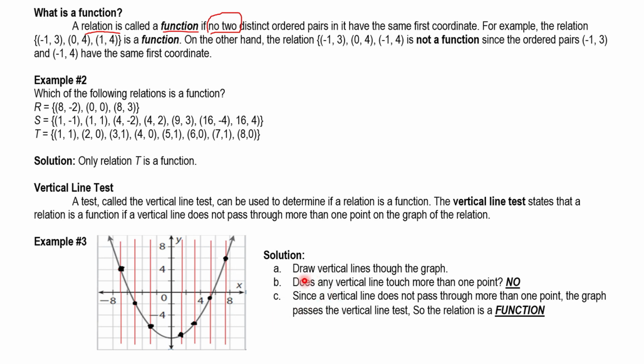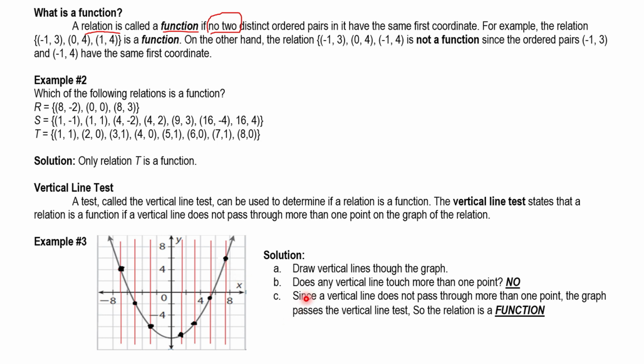Draw a vertical line through the graph, then check how many points it touches. Does any vertical line touch more than one point? No. It is not more than one point, it is only one point.